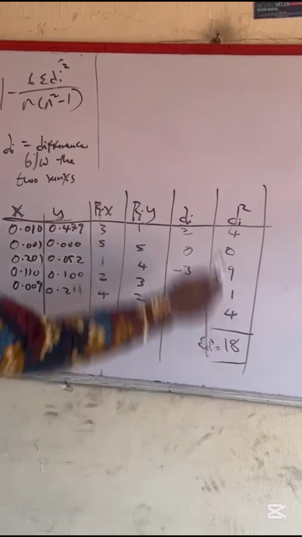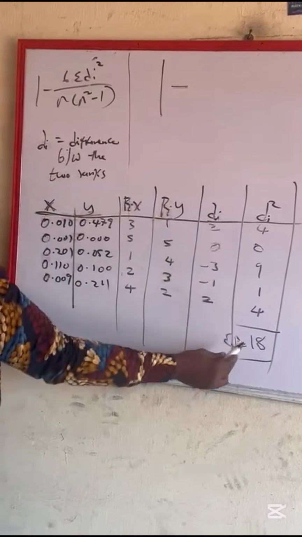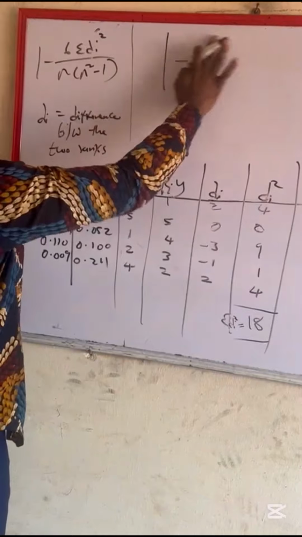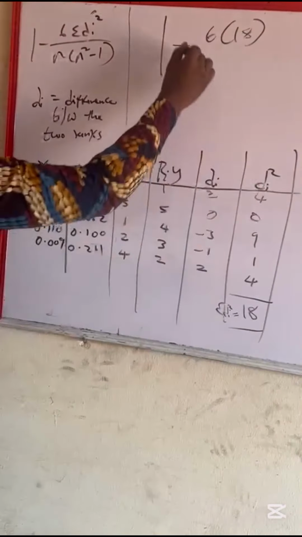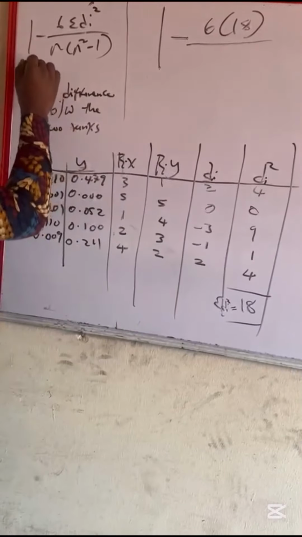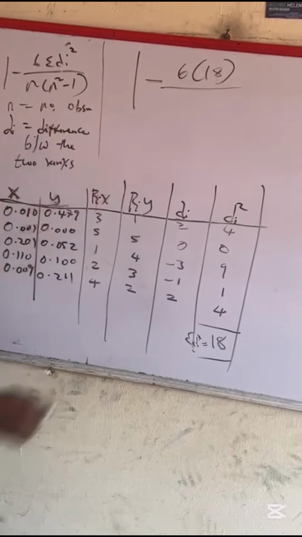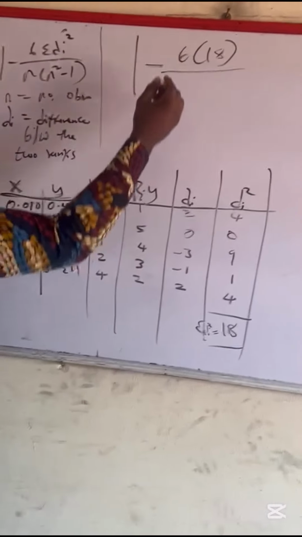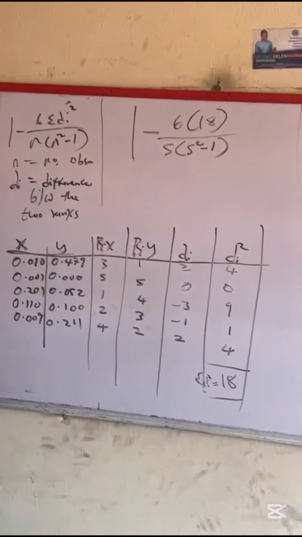All right, let's go back to our formula. We have that 1 minus summation di squared, which is 18, times 6, all over n bracket n squared minus 1. n is the number of observations. So n is 1, 2, 3, 4, 5. So we have 5 bracket 5 squared minus 1.